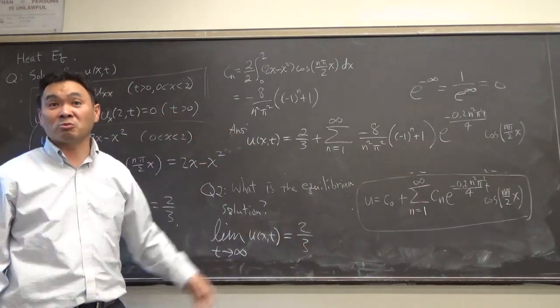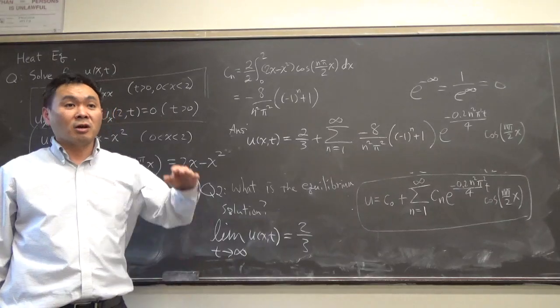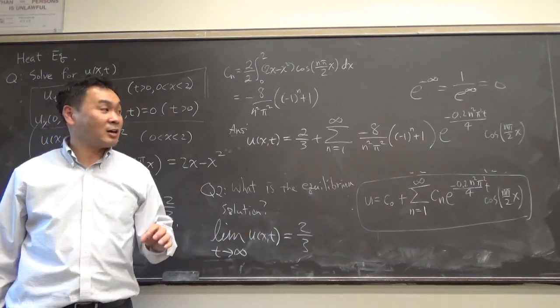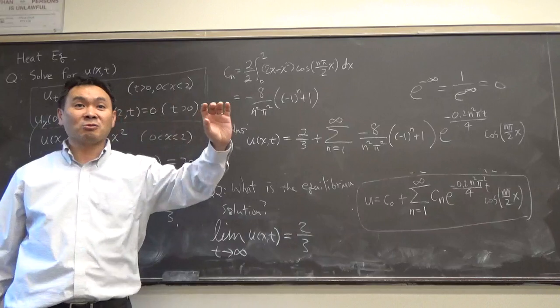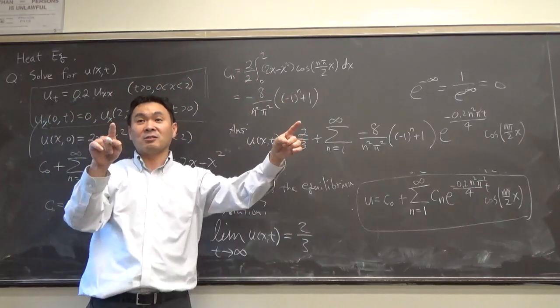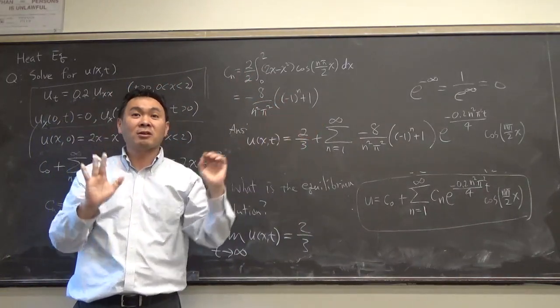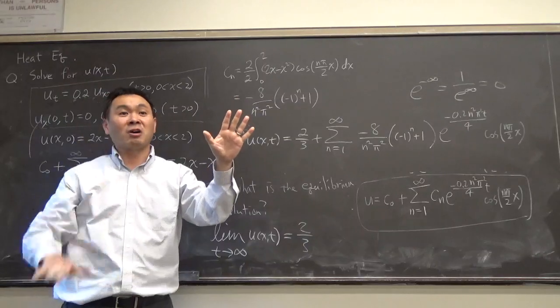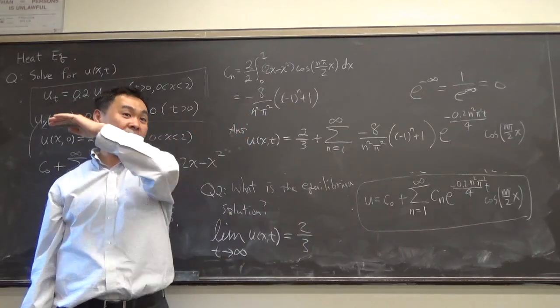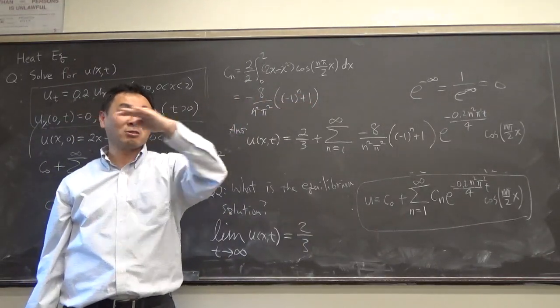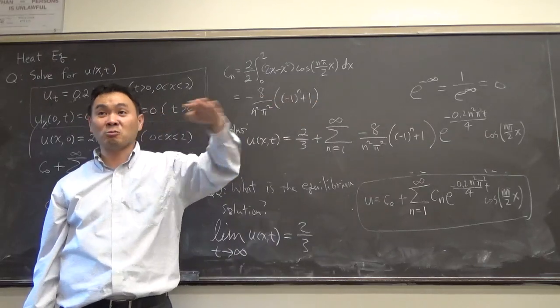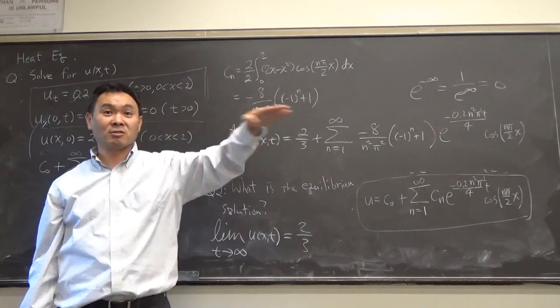That will be the equilibrium solution. So what this says is that if you have this rod with an initial condition like that, and you insulate everywhere, and you let the heat equation do its job, at time infinity everything will be in equilibrium. It will be a uniform heat distribution of 2/3.